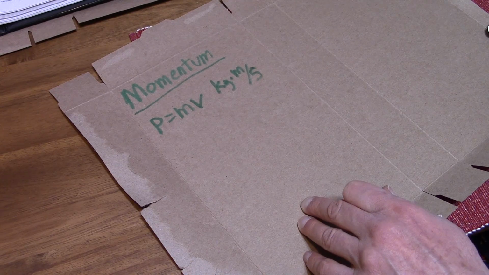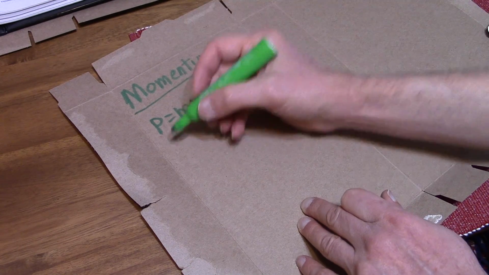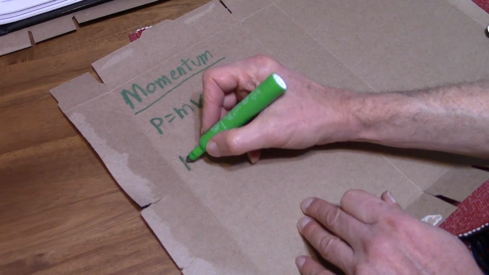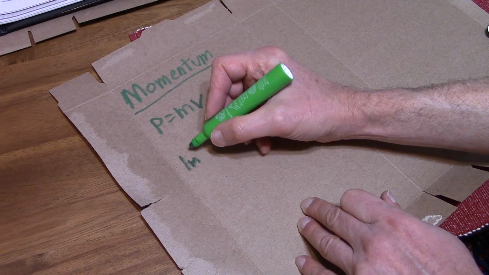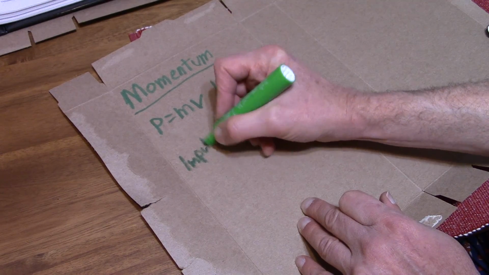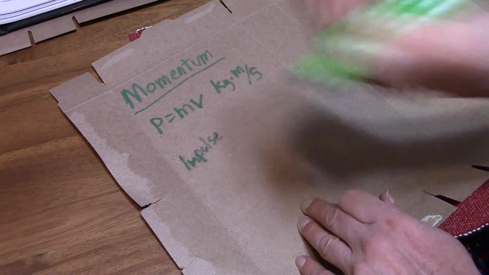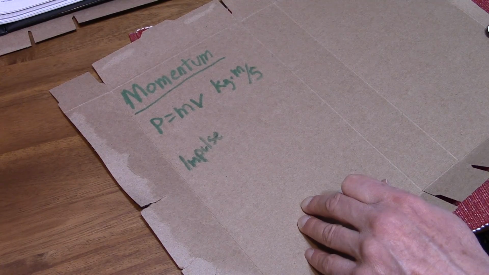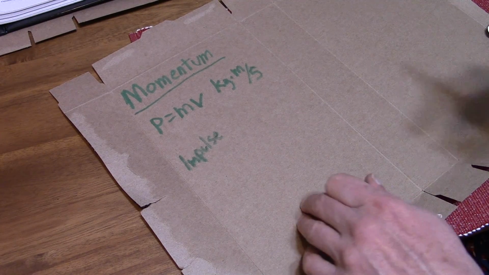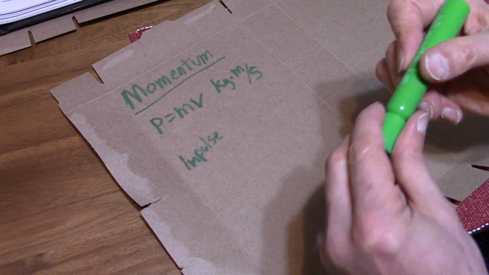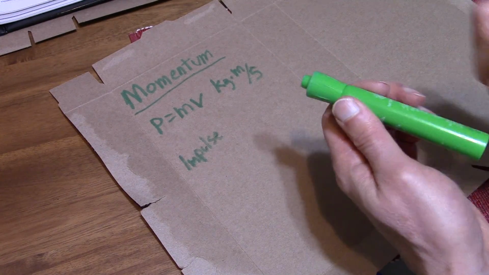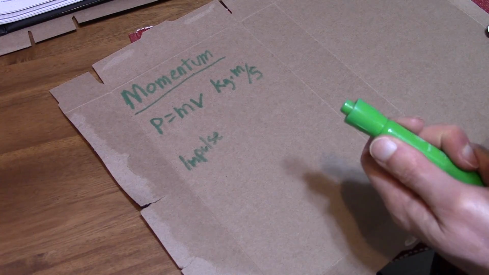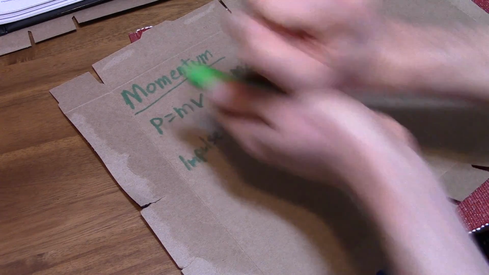Then we talked about impulse. And I said that was force times time, right? You push something, but you can push on it quickly or just kind of nudge it a bit.